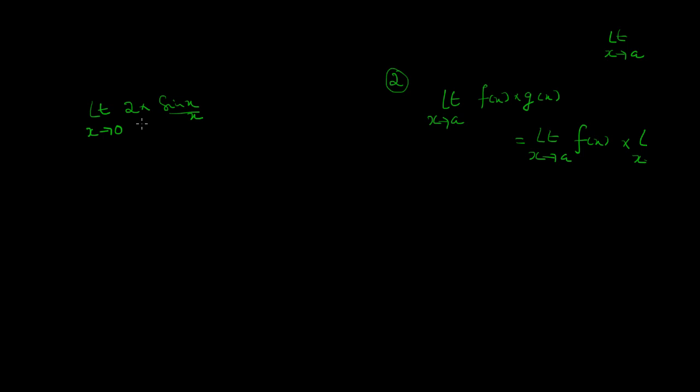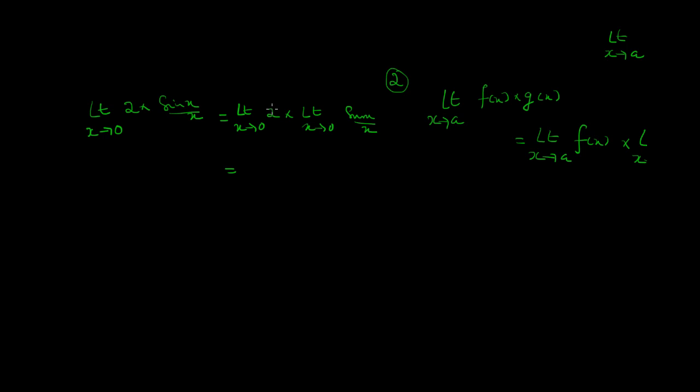Using the previous property, we can write this as limit x tends to 0, 2 into limit x tends to 0 sine x by x.